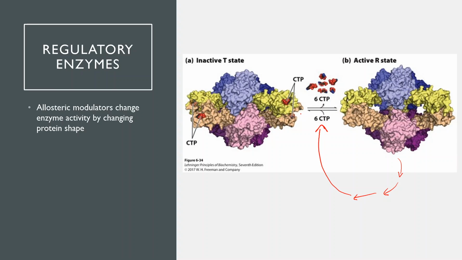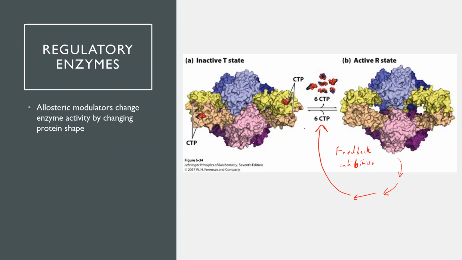The reason you would want the product of an enzyme or something downstream from the enzyme to inhibit the enzyme is basically like a feedback mechanism. So, in fact, this is called feedback inhibition, and it's just a way for the enzyme to regulate itself, or for the cell or the reaction to regulate itself.